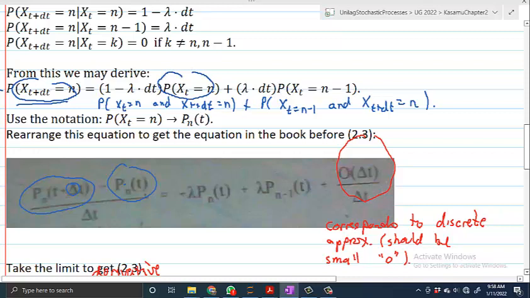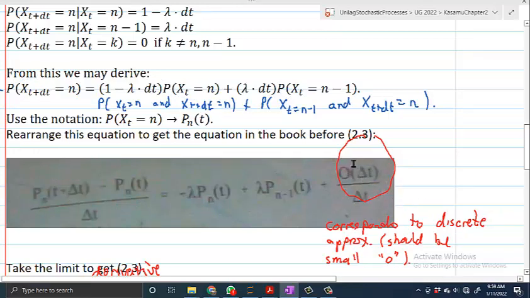Now, to get from this equation up here to this equation down here, you need to break up this term 1 minus lambda dt. But this is simply some algebra operations. You should be able to do that yourself.